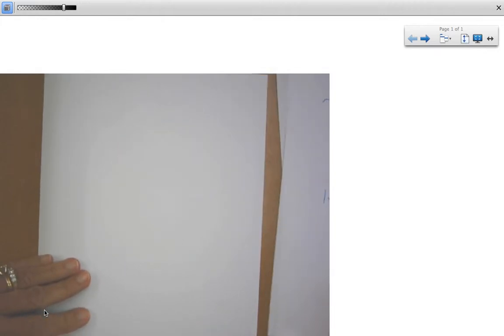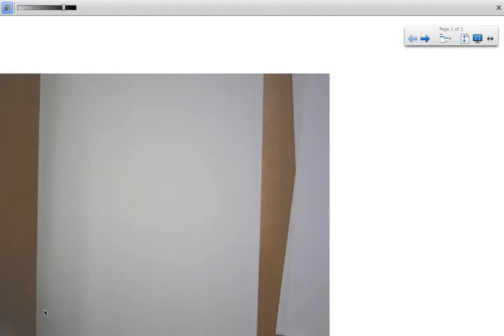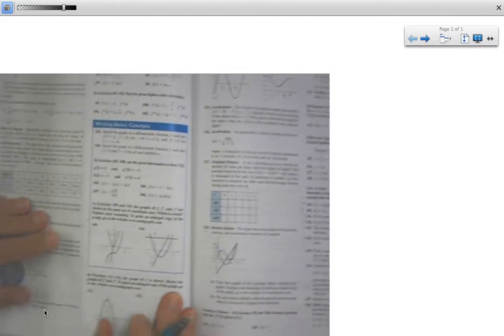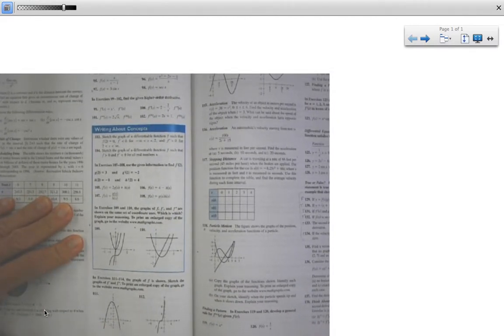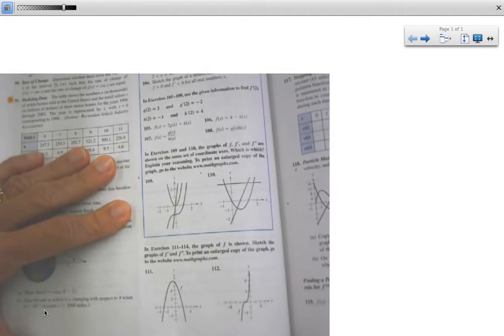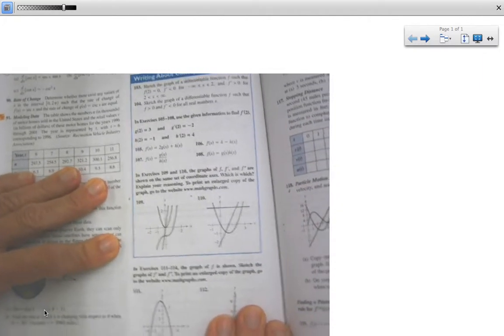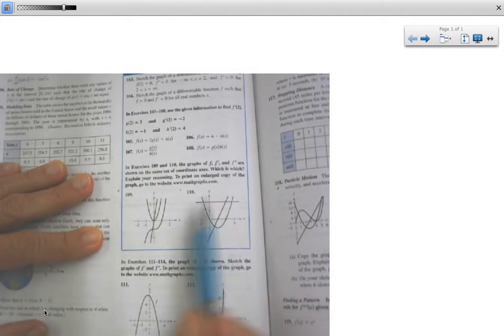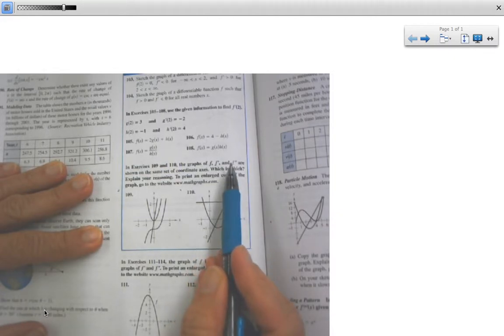All right, the next one I want to look at is from page 128 in your book, number 109. They give you graphs, and they want you to determine which one is f, f prime, and f double prime.